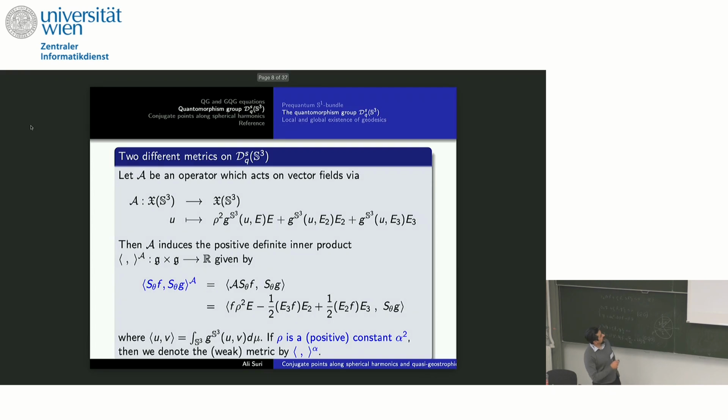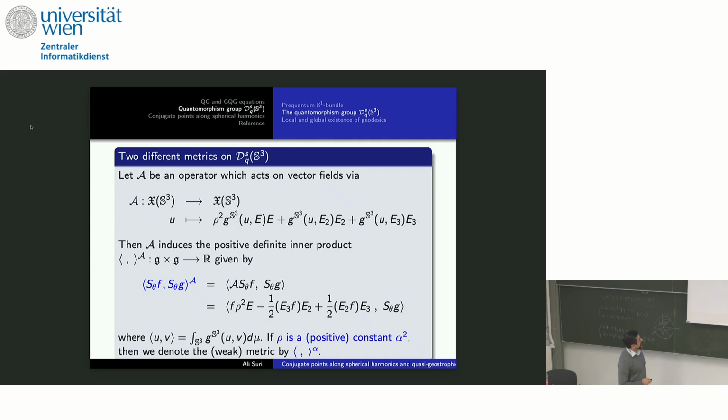Consider an operator A from vector fields on S3 to vector fields on S3, which sends every vector field so that the second and third components remain the same, but the first component is multiplied by rho squared. Because of that, I called it a weight function. And we use this operator A to define a metric on that Lie algebra.